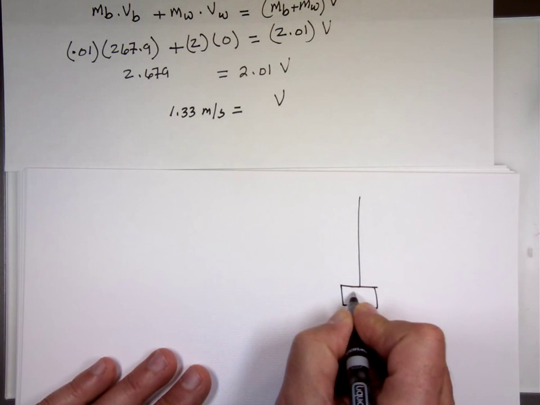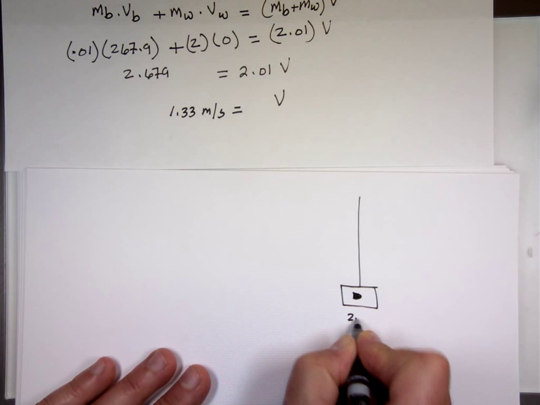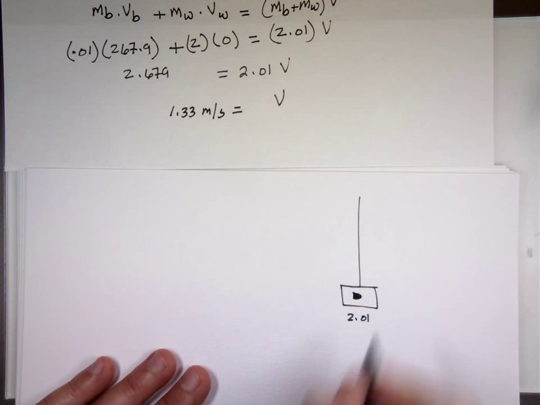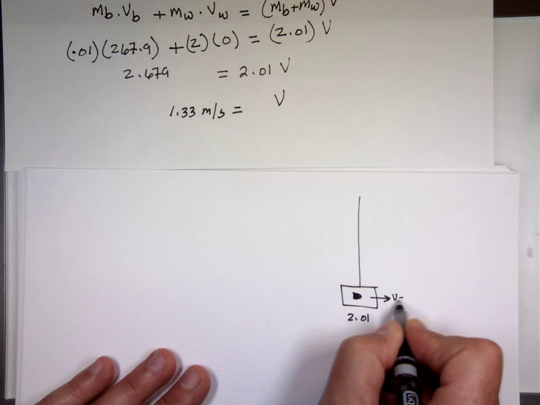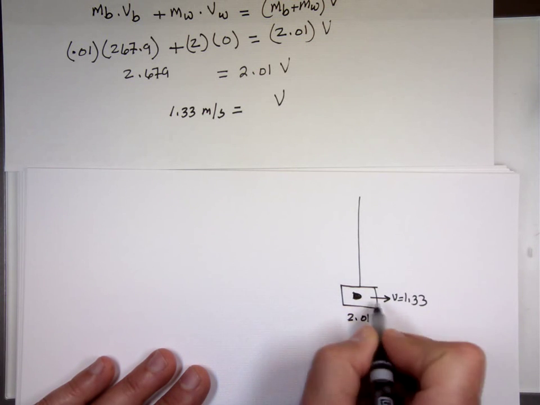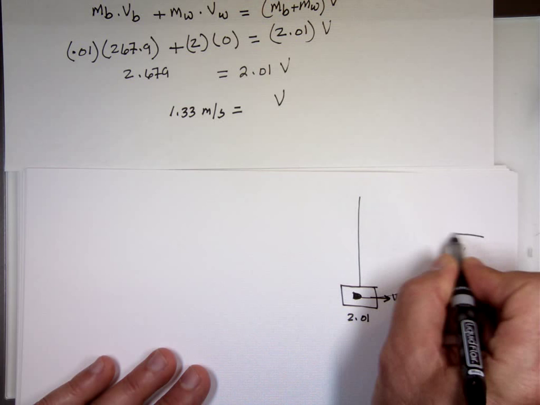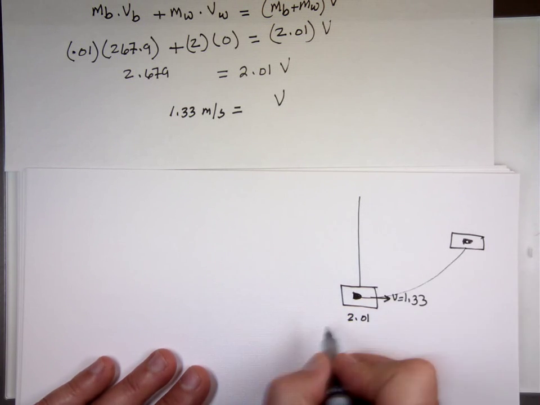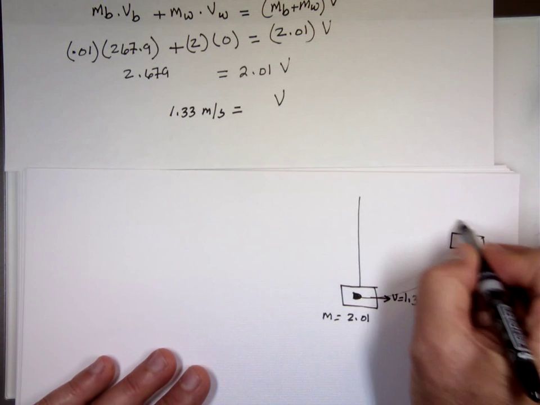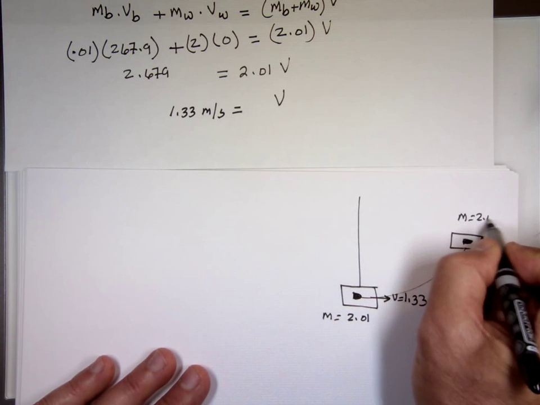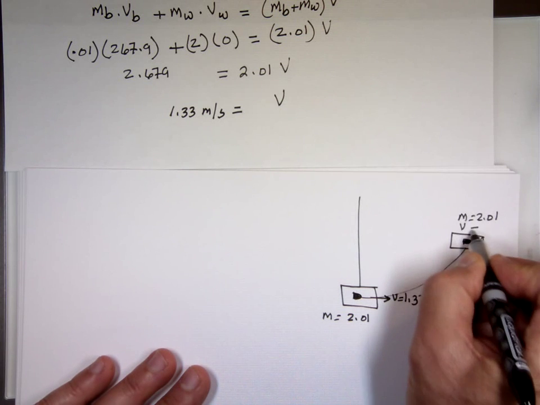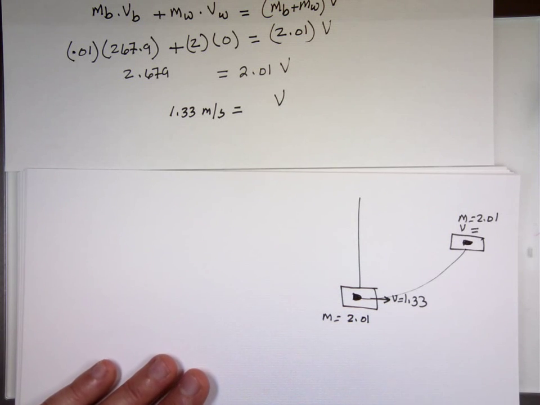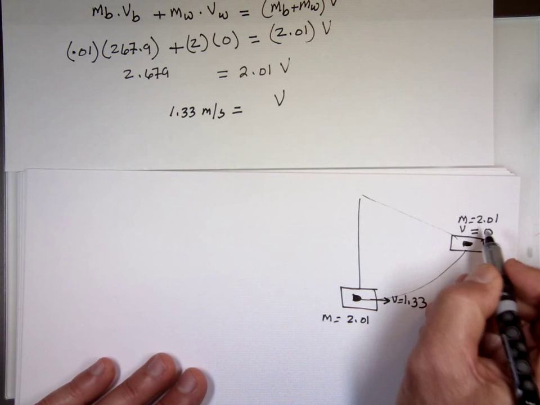It has a mass now of 2.01 kilograms, moving with a velocity of 1.33, and it's going to go like this, right here. The mass is still 2.01, the bullet's stuck inside. What's the velocity when you reach that point? Isn't that 0 for maximum height? It stops moving.